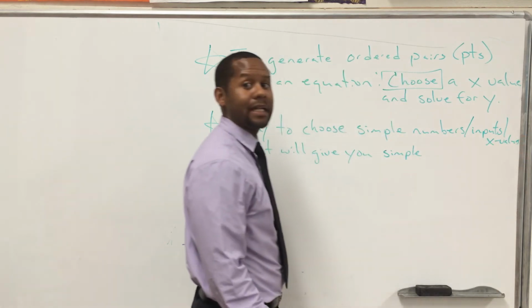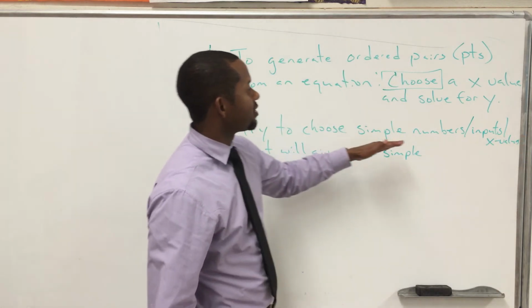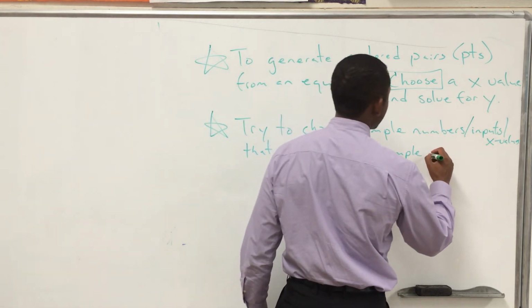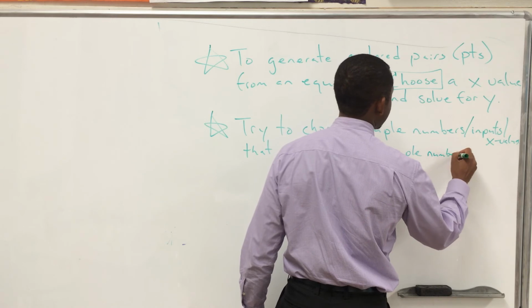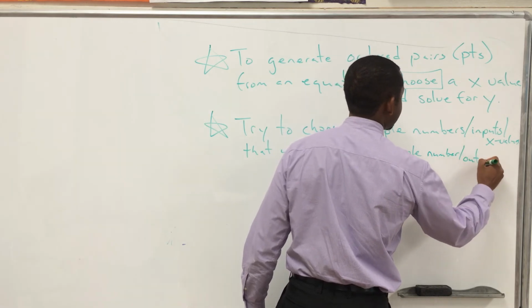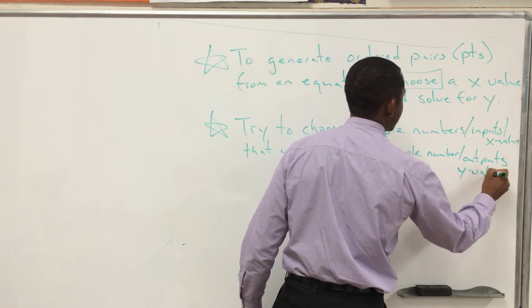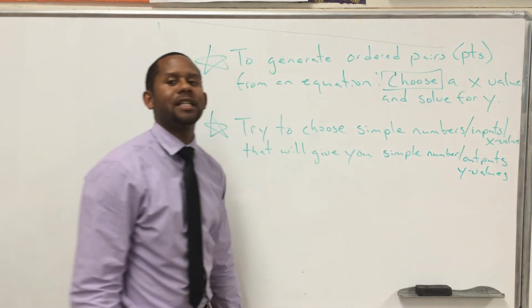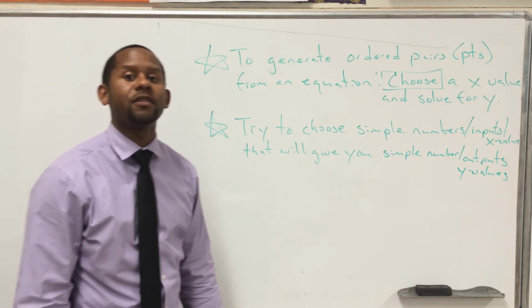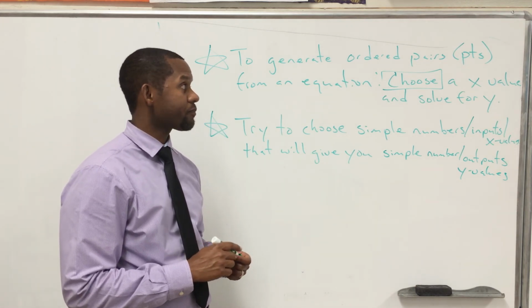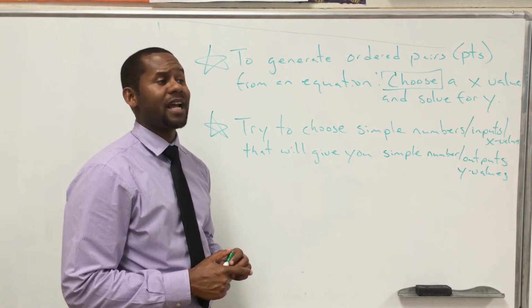We're going to be talking about that a lot. Choose simple numbers, inputs, values of x. That will give you simple numbers, outputs, or y values. All those things are synonyms, and you're going to see a lot of them later on this semester. Okay? I think that's all we're going to have you do today.